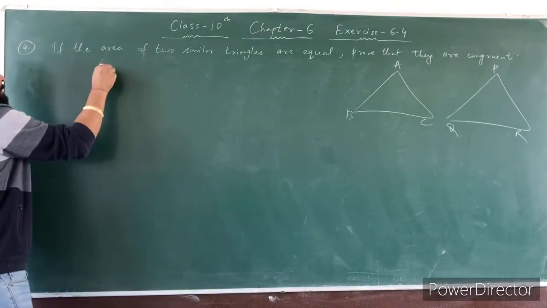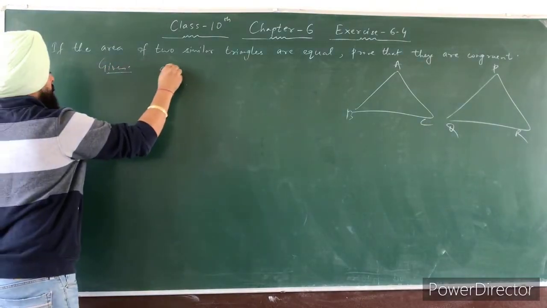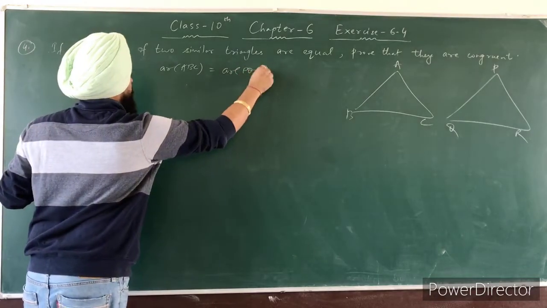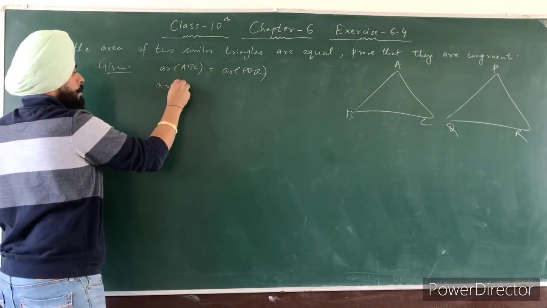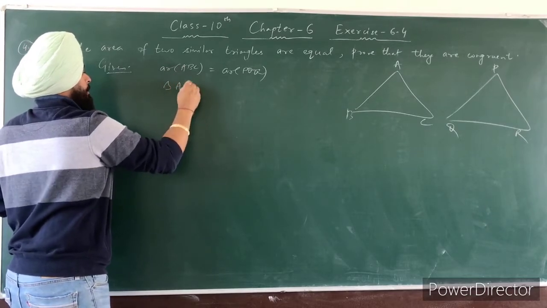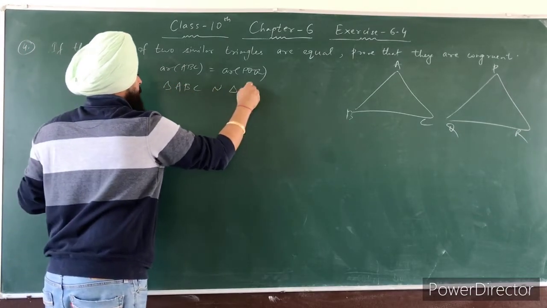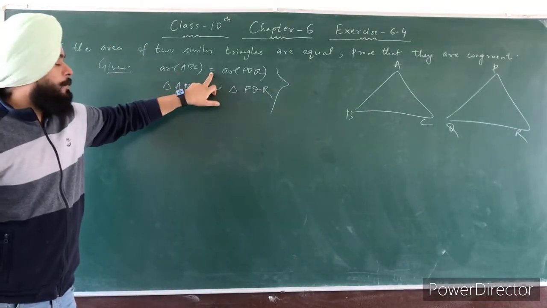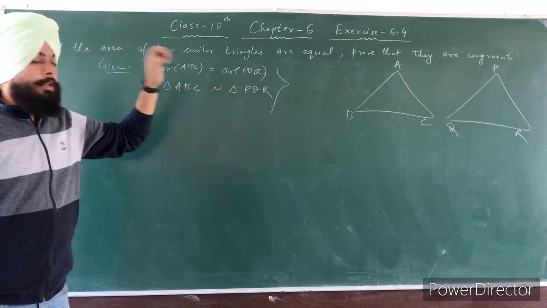So right here it is given: area of ABC is equal to area of PQR, and triangle ABC is similar to triangle PQR also. These are given. Area is given equal and triangles are also similar.